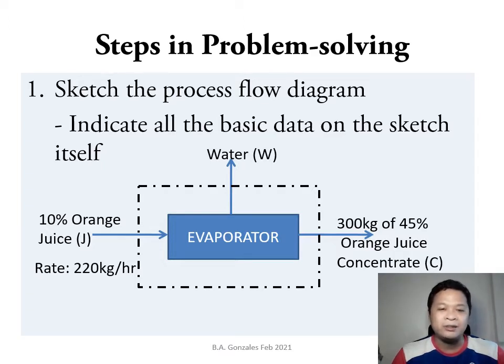So in this case, the concentrations of the input and output streams, as well as kung ano yung given na alam natin na quantities, which we can use to calculate the other quantities which are required. Okay, so in this case, under the left side, nandyan yung rate niya, which is 220 kilograms per hour. And then, nakalagay naman sa kabilang side yung 300 kilograms of orange juice concentrate na gusto mong gawing product.